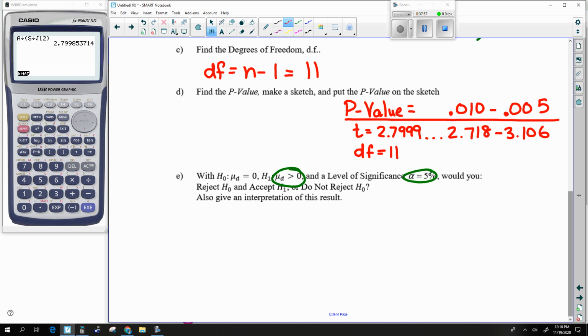Okay, so what does this mean? Oh, excuse me, sketch. This is a right tail. Okay, alpha 5%.